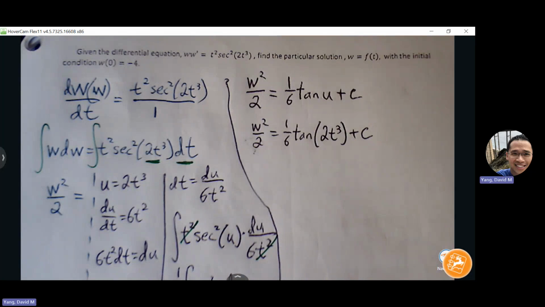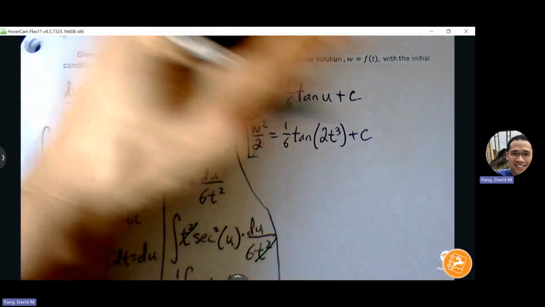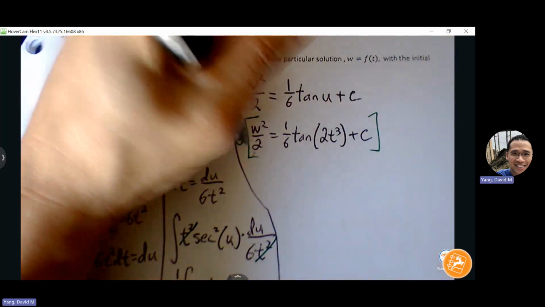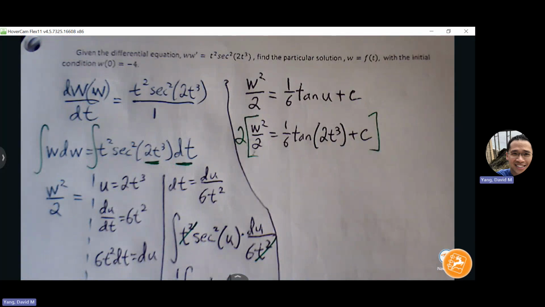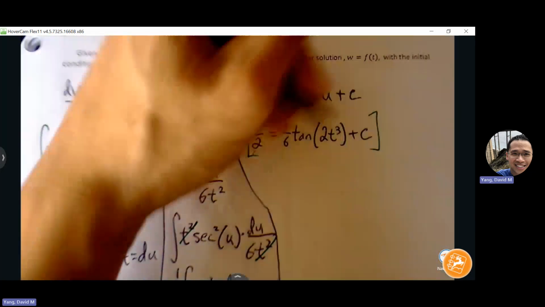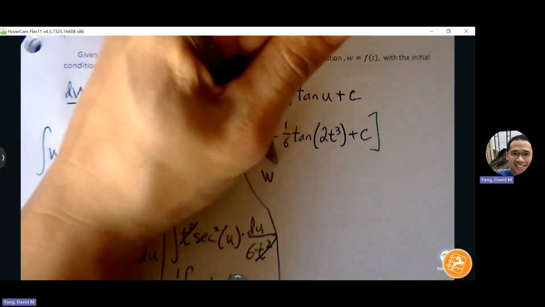It does 2 things for me. It allows me to have an easier equation to solve for C with, and also I know I have to eventually get rid of that 2 anyway. So I'm cleaning up the left side along the way as well, doing 2 things at once: cleaning up the left side and making it easier for my C value to be plugged in.